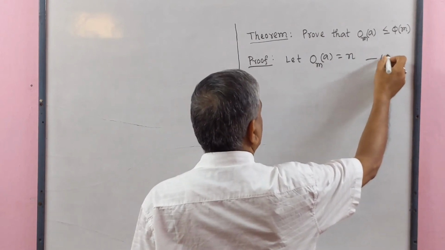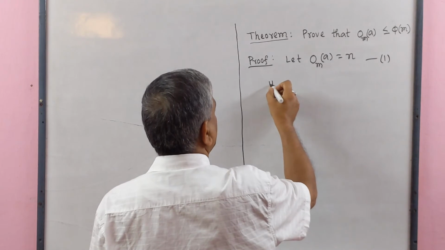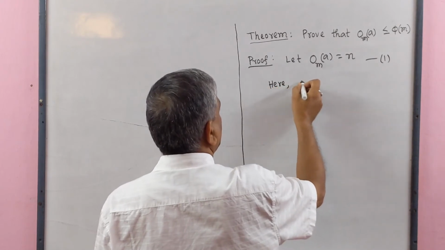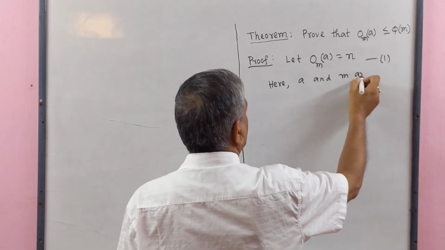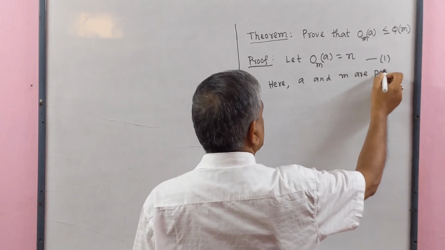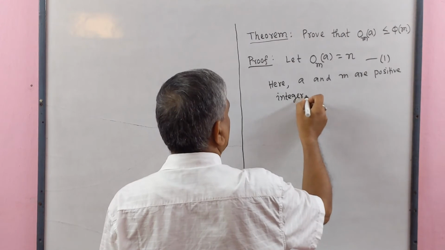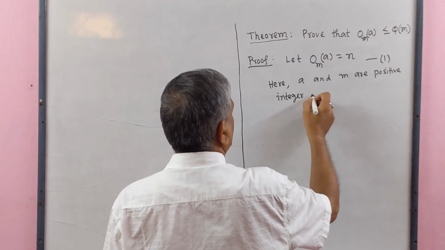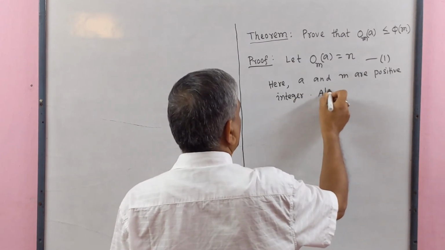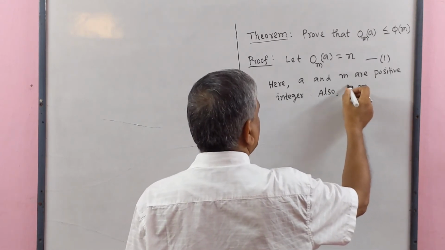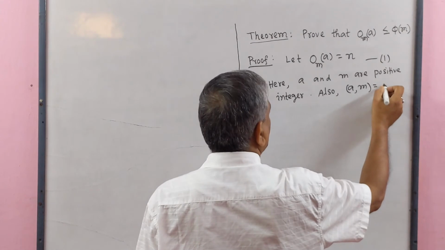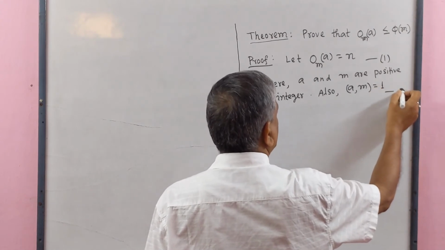This is number 1. Here a and m are positive integers. Also, GCD of a and m equal to 1. This is number 2.